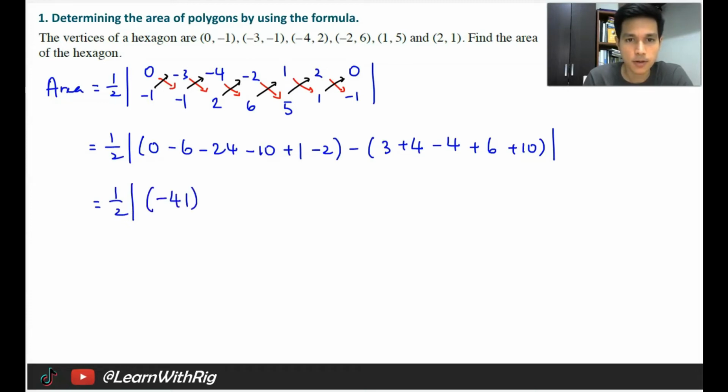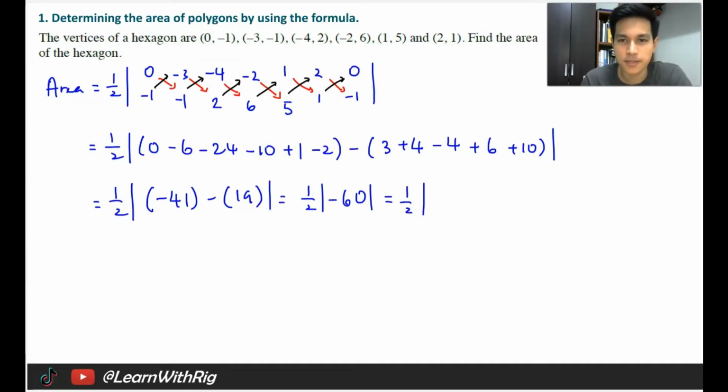Negative 41 minus 19. So your answer is 1 over 2 times negative 60. Remember, when it's negative modulus, it becomes positive, correct? So in other words, it is actually 1 over 2. Why am I writing sideways? Sorry about that, I should be writing downward. So negative becomes positive. So the answer is 30 unit square. Okay, this is how you solve any random polygon. Just make sure you use the formula accordingly.